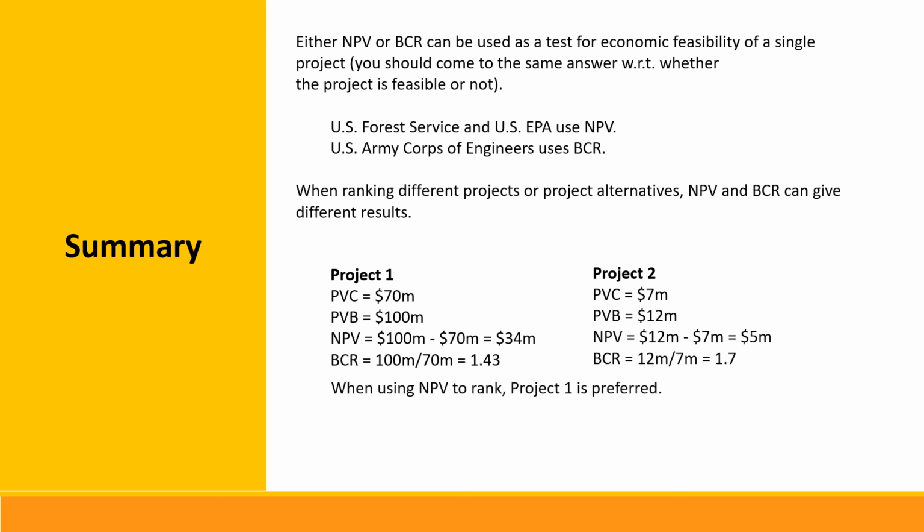So when using the net present value to rank, project 1 is preferred with the larger number. But if we compare them using the benefit cost ratio to rank, project 2 is preferred.